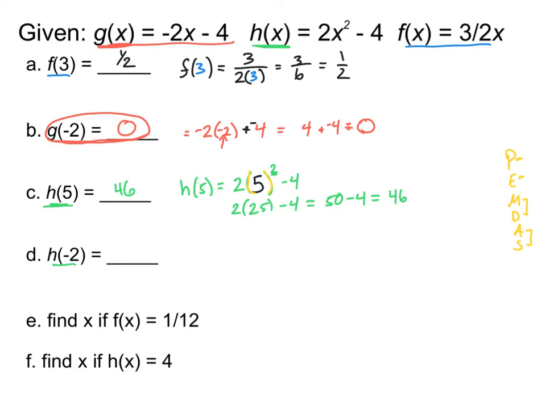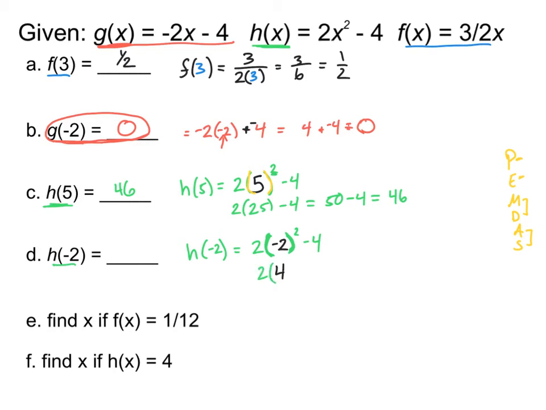And now to do the last one, h of -2, this is extremely important. Here's the importance of the parentheses. I put -2 inside of parentheses. Now the parentheses happens first, so I have a -2 and I square it. Now -2 squared means -2 times -2, which is going to get me a positive 4.